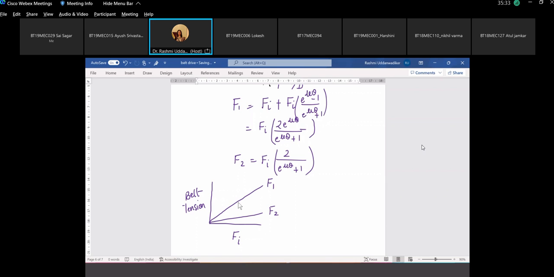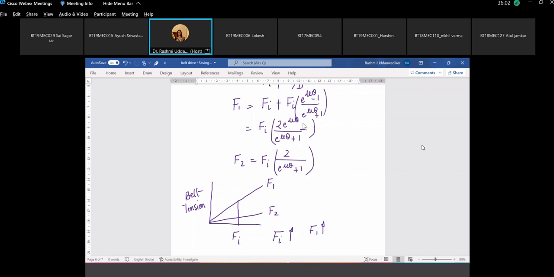And at any given instant, as you go on increasing Fi, the value of F1 would increase more and the increase in the F2 would be less. And ultimately you see that with increase in Fi, the increase in F1 is e raised to mu theta times increase in F2.